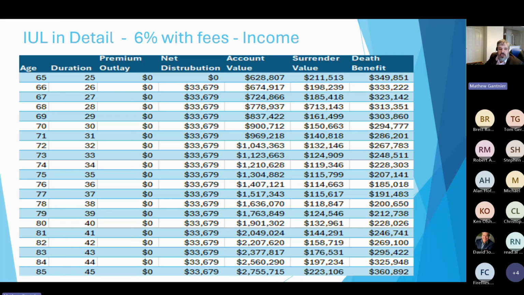Since these are policy loans on the IUL, you'll notice that the account value, the total value of the account, not what you have available for cash, continues to grow. And that's what you're going to be getting growth on, that total account value, which is why an IUL and other cash-based insurance products are able to perform better, even though dollar for dollar, they have a lesser cash value number.